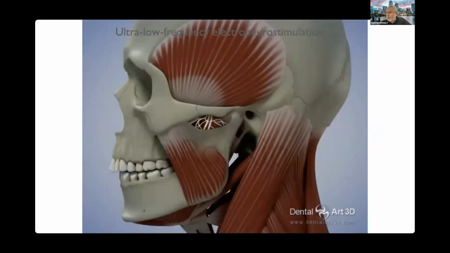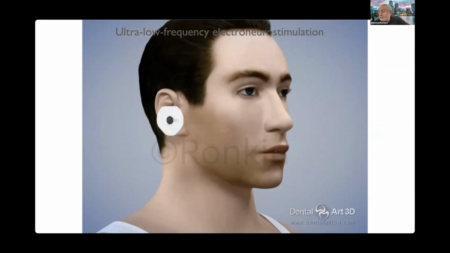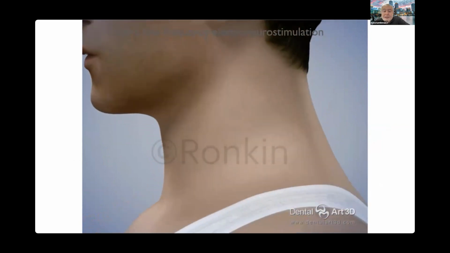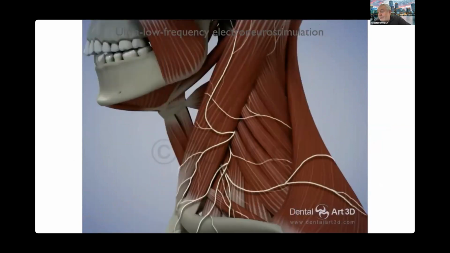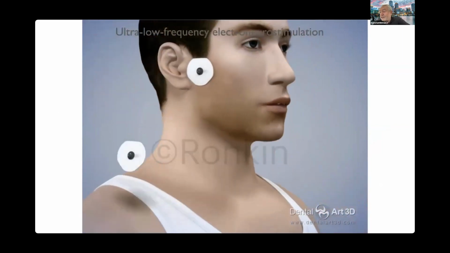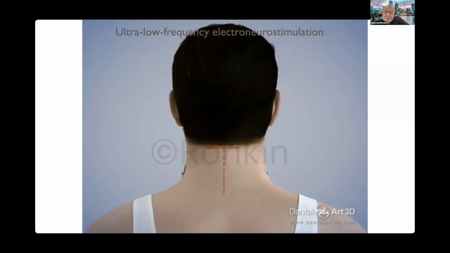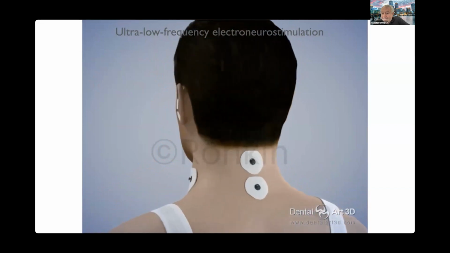And this is how it works. We place myotrodes in the area of the mandibular notch for the purpose of stimulation of the trigeminal and facial nerve. Also, we put myotrodes on the anterior surface of the cervical triangle for the purpose of stimulating the accessory nerve. Base electrodes we place on the neck, right?